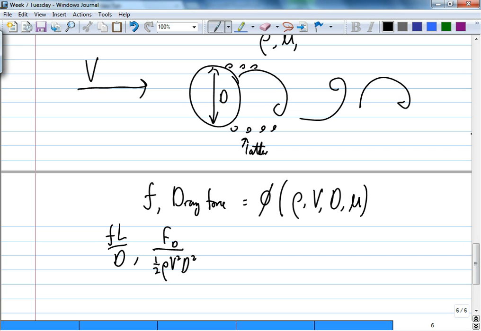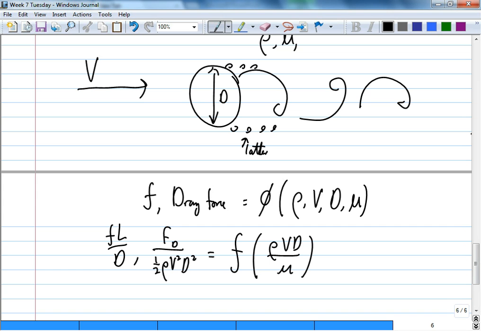It's some function of rho V D over mu. Very simple problem. So basically, if the rho V D over mu in your problem is the same between two cases, then you expect the same output.